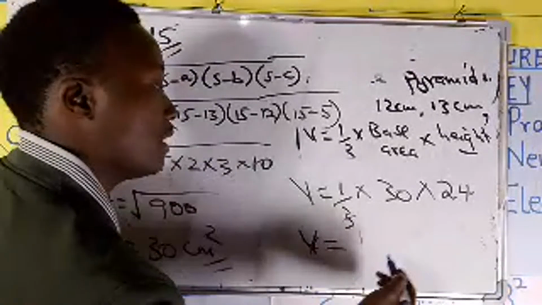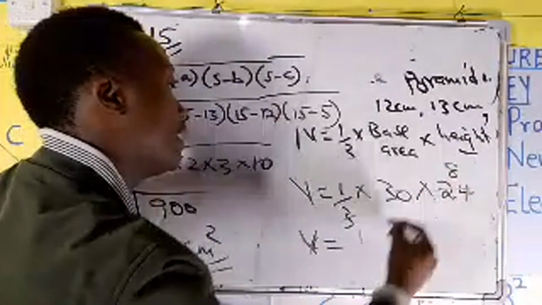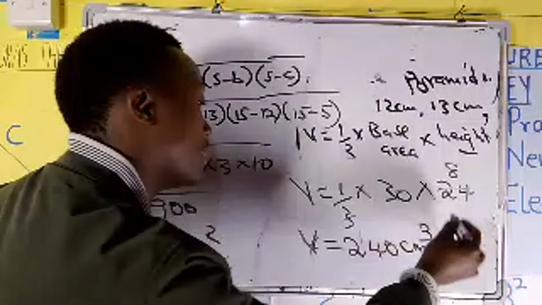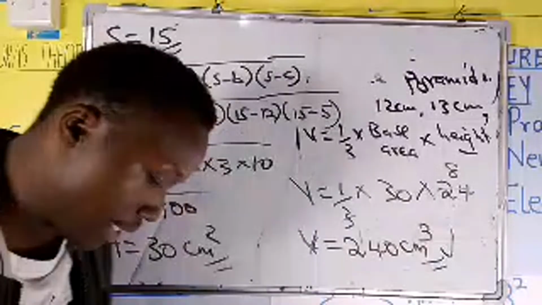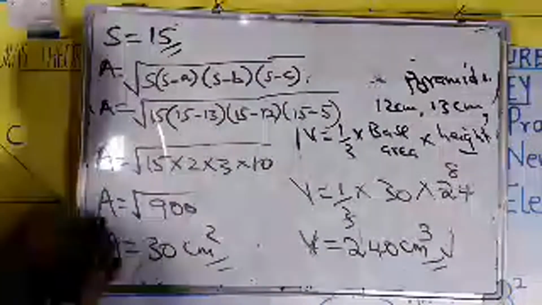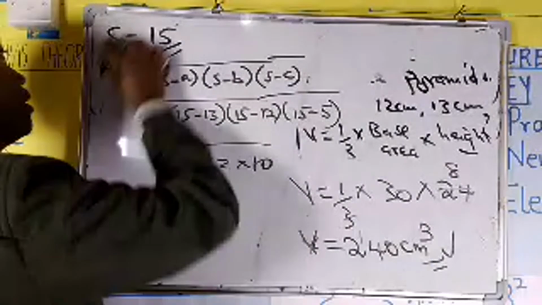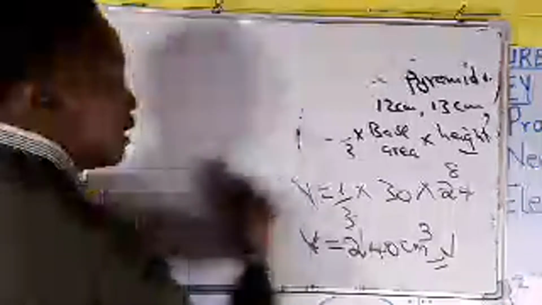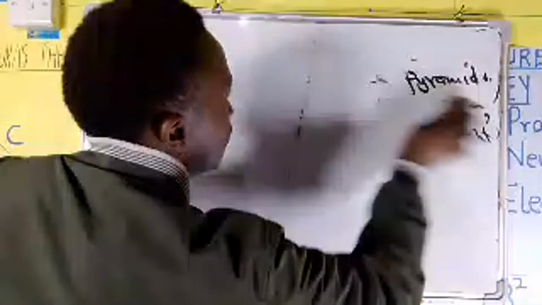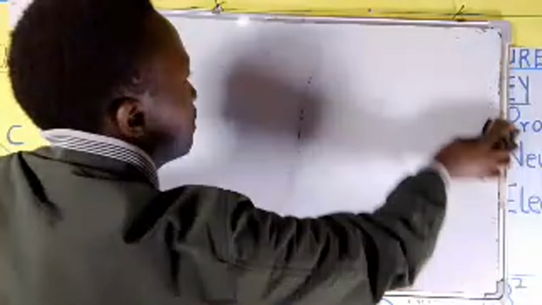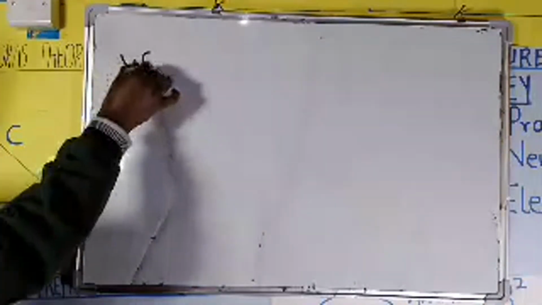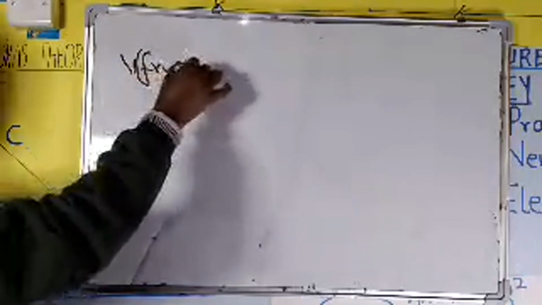You can simplify by 3 1 by 3 8. 30 times 8 is 240 centimeters cubic. So how do we find the volume of the frustum of pyramids?